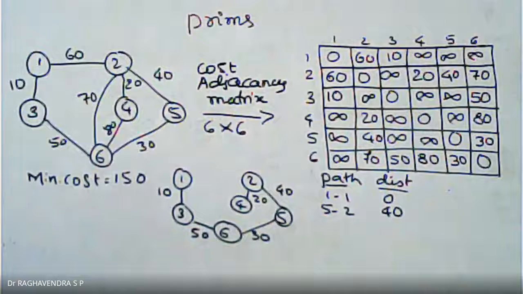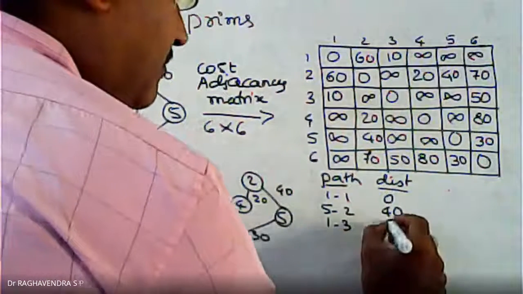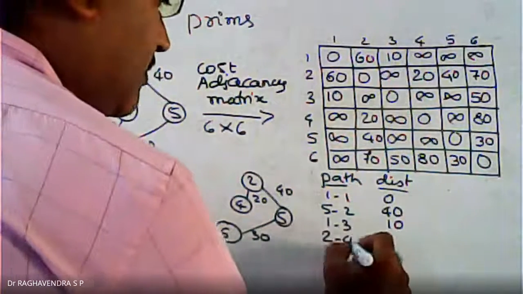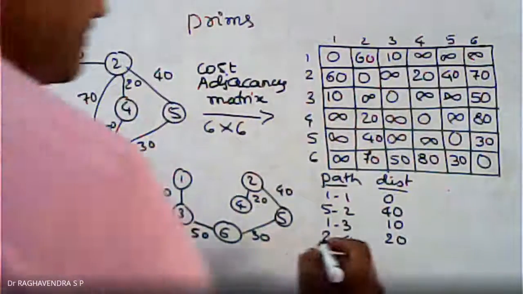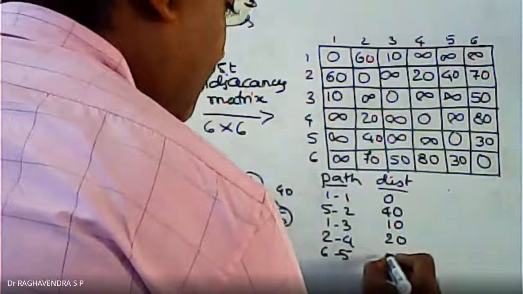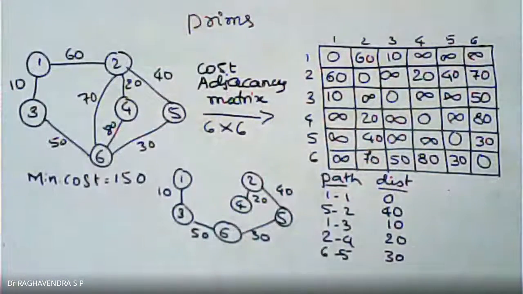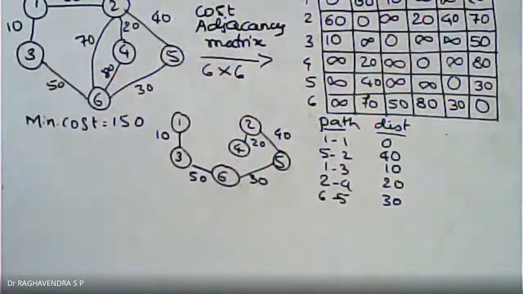then 1 to 3, 10, then 2 to 4, 20, 6 to 5, 30, 3 to 6, 50.